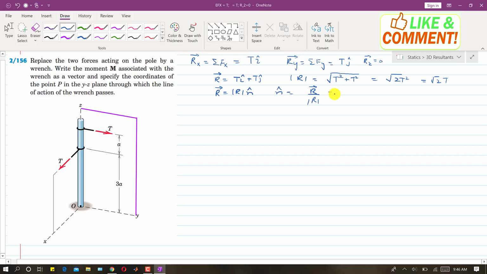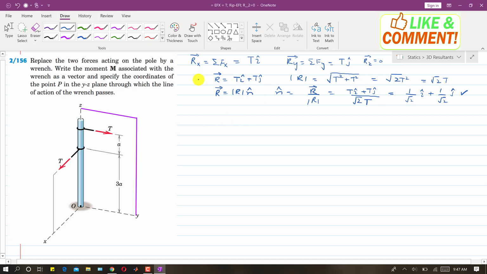So R vector is Ti plus Tj divided by its magnitude, square root 2 into T. If we divide each component by this magnitude, we will get 1 by square root 2 i plus 1 by square root 2 j. So this is the unit vector, right? And we will use this unit vector to find the wrench moment, since the direction of the wrench moment will be in the direction of this resultant, right?